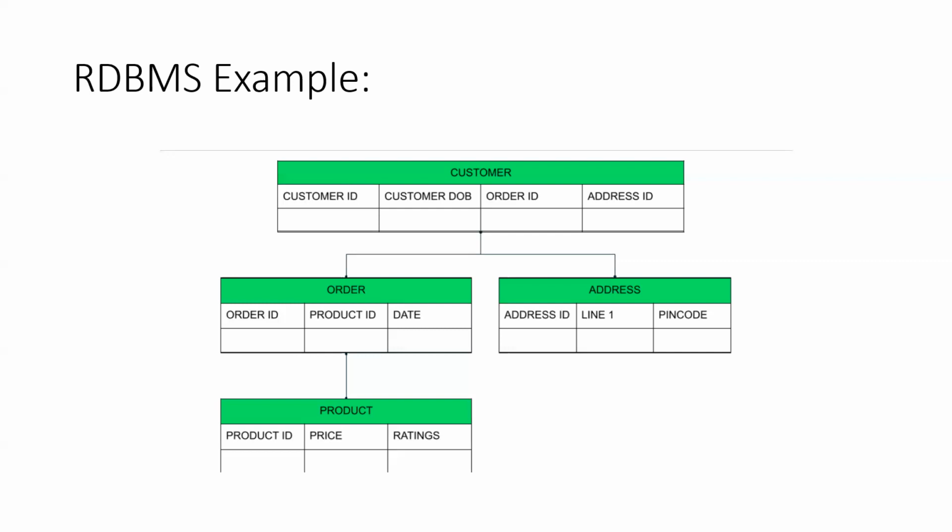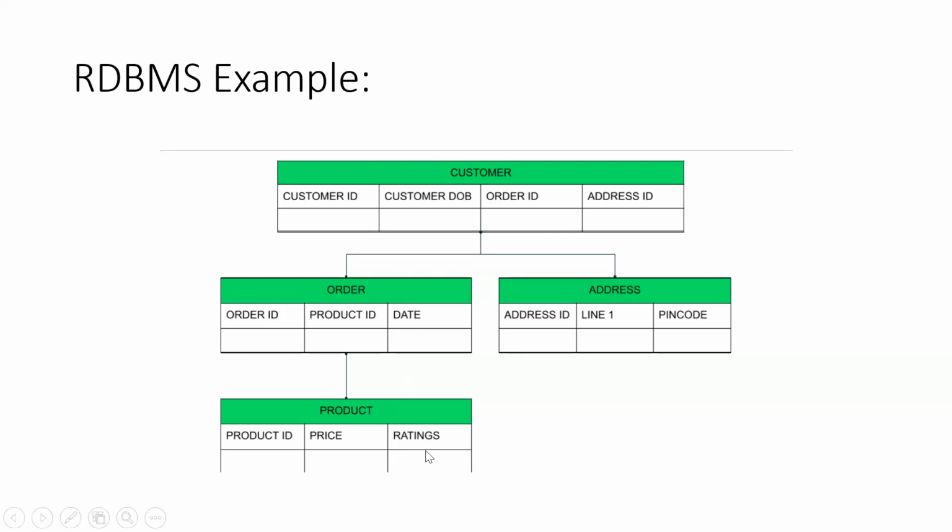Maybe I have lots of people with the same first name or same address. So how can I uniquely identify a particular employee in that table? I can give an employee ID to each employee, and that should be unique. No one should have the same employee ID.